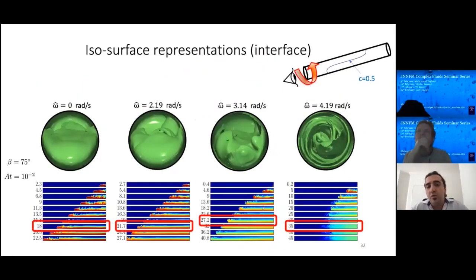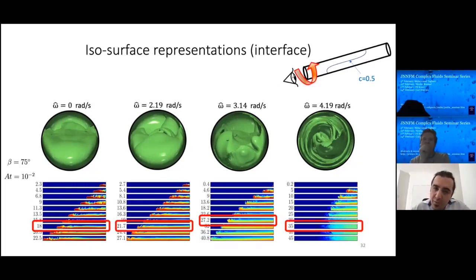It may be interesting to look at the isosurface representations of the concentration value equal to 0.5, which would represent the pseudo-interface in our simulations. We are showing a gradual increase of the rotational speed for these simulations, and these correspond to these image sequences.